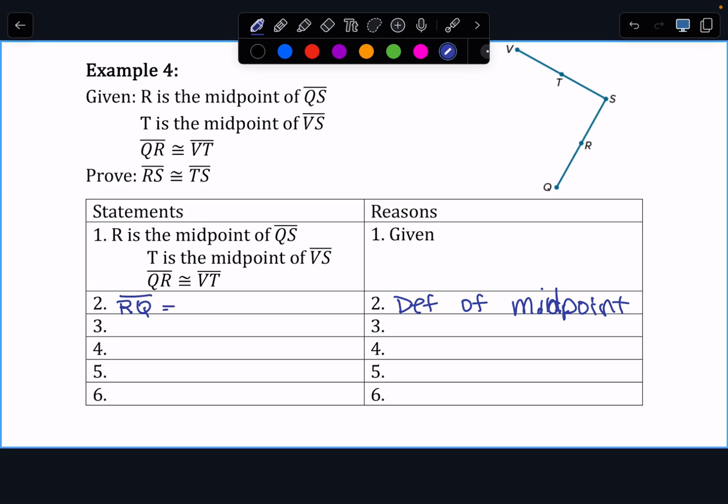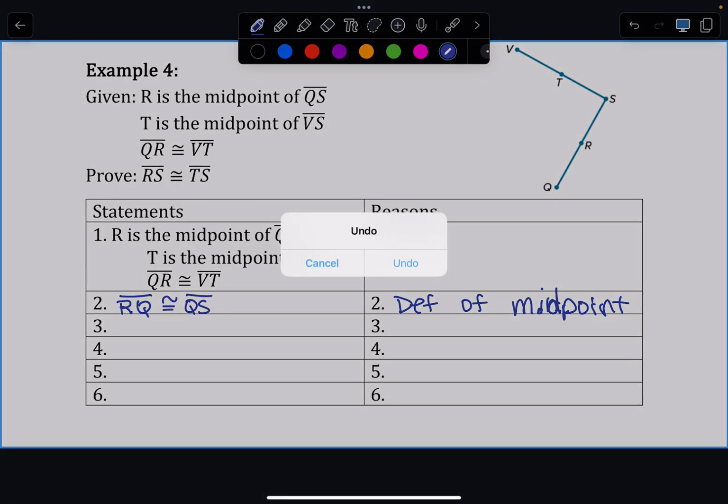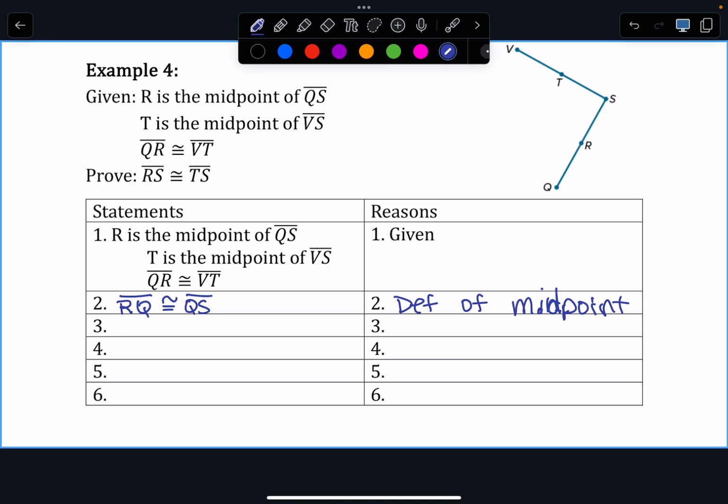RQ is congruent to QS, right? QR is congruent to RS.